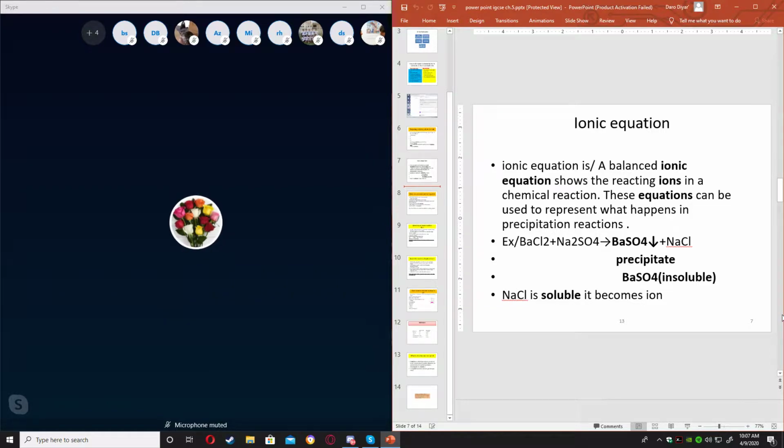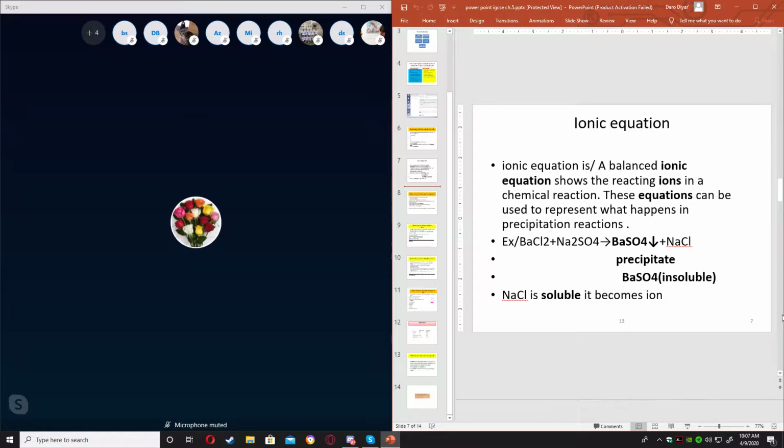We should know which one is soluble and which one is insoluble. In this case, barium sulfate is insoluble, so we will write insoluble under it and it is a precipitate. But sodium chloride is soluble.